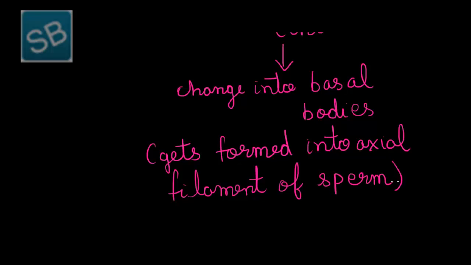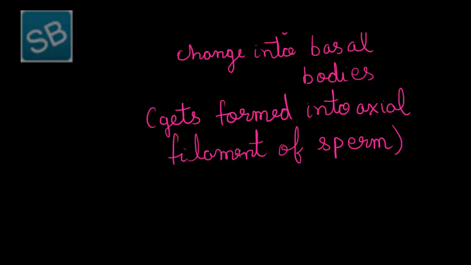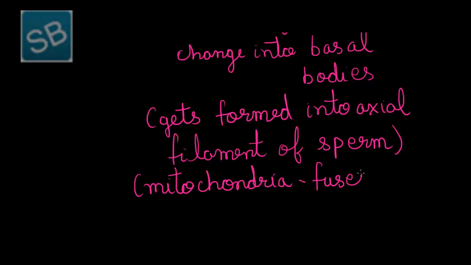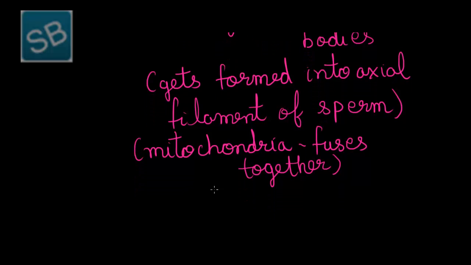In this, the mitochondria that is present gets fused together and twists spirally to form the axial filament. Thus, within this axial filament, mitochondria also plays an important role. Due to this axial filament, the middle piece of the sperm gets formed.